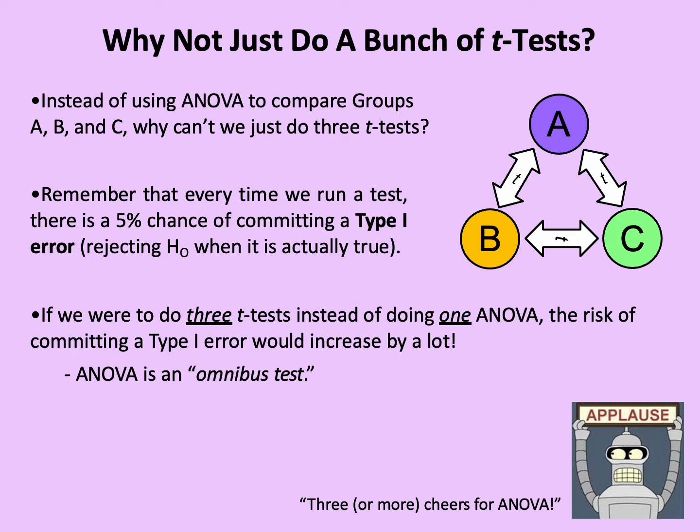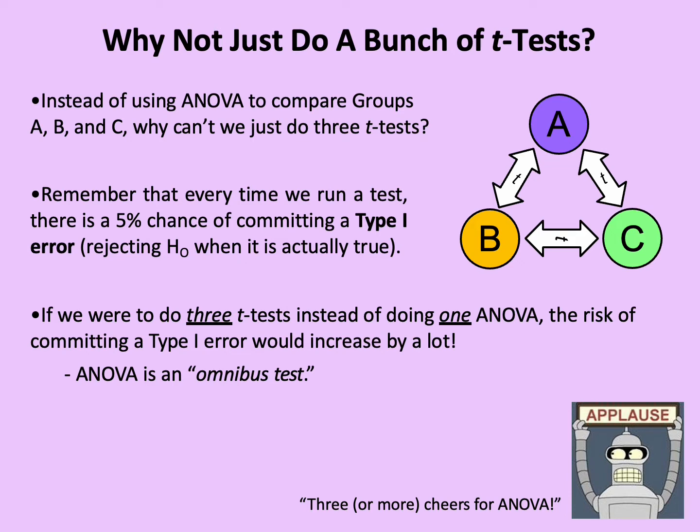So that's not a very big chance. There's a 95% chance that if we were to reject the null hypothesis, we would be correct. But there's a 5% chance of committing a false positive, of saying that we can reject the null hypothesis when in actuality the null hypothesis is true.